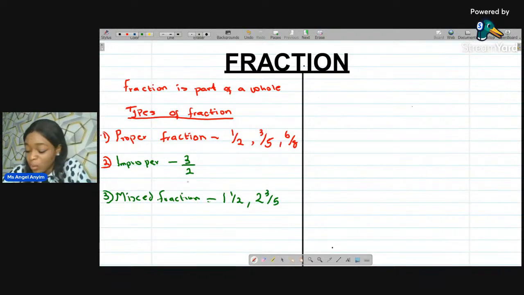So the next thing we are getting to is addition and subtraction of fraction. So another basic knowledge you should have before we go further is addition and subtraction of fraction. So let's put that down.